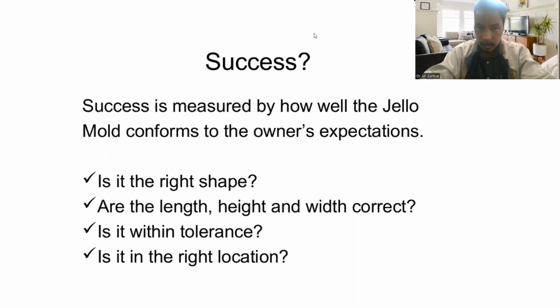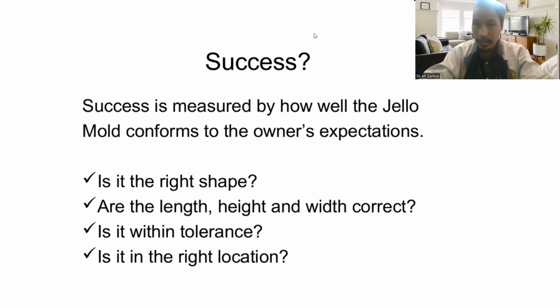expectation. Is it the right shape? Of course, the architect should know this. So we are going to base our Falseworks on what, architectural view, architectural plan. Are length, height, and width correct?